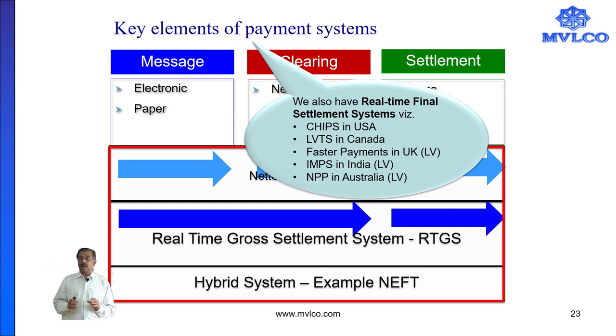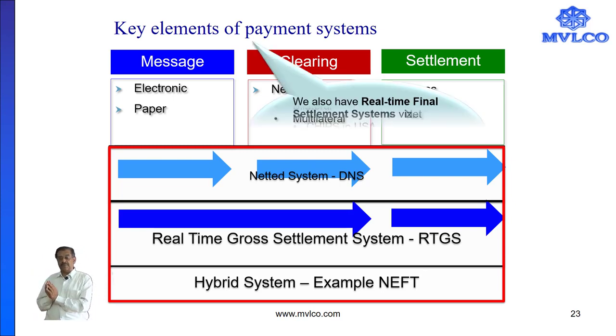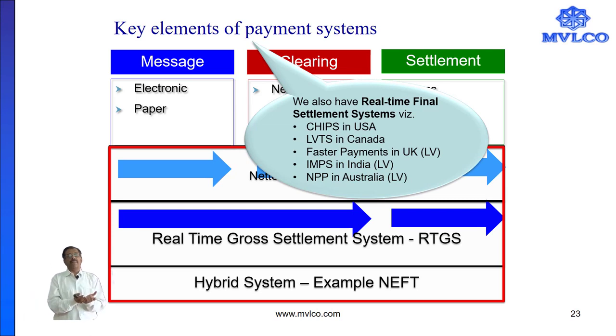Let us understand how RTFS is different from the earlier three. In an RTFS, the clearing system will receive the message, compute the net obligation, and then inform the beneficiary's bank to pay the beneficiary. After the beneficiary has been paid, then the settlement between both the banks, that is the paying bank and the receiving bank, will be carried out.